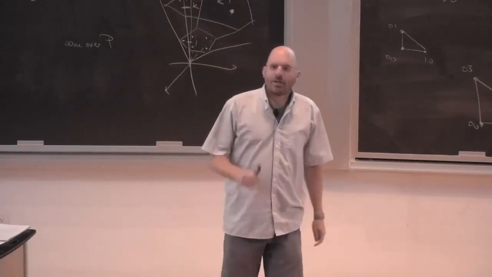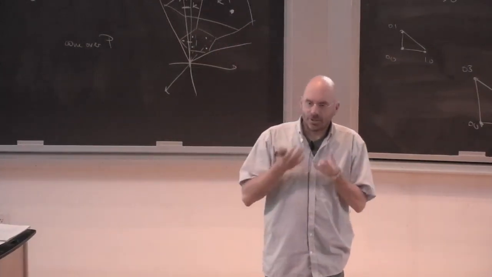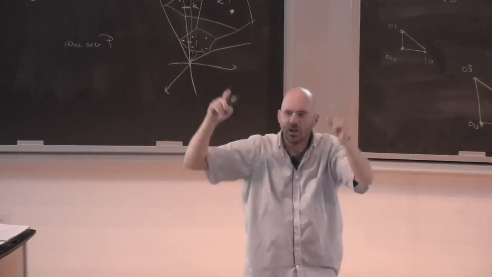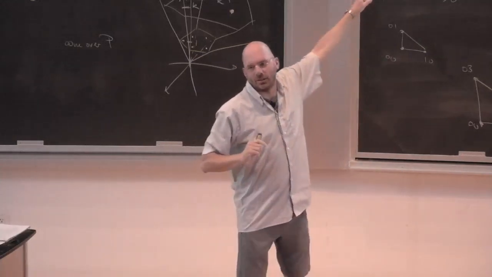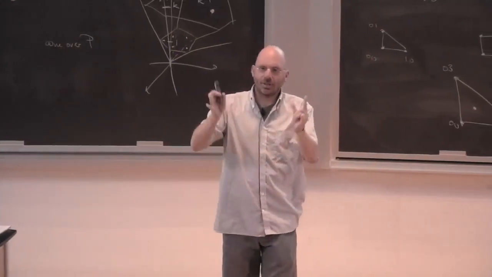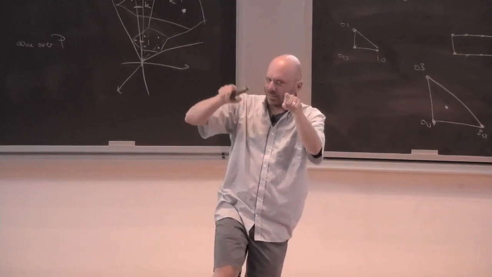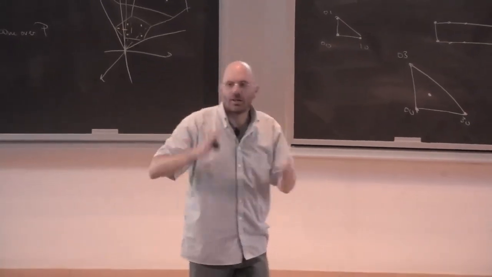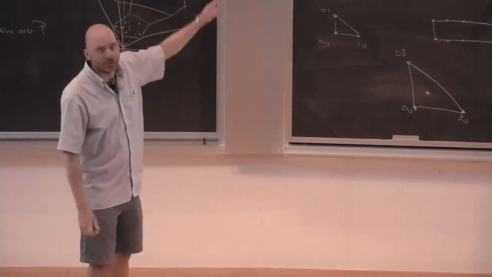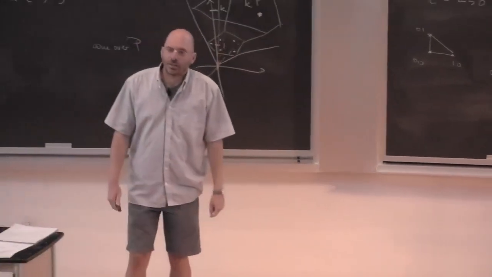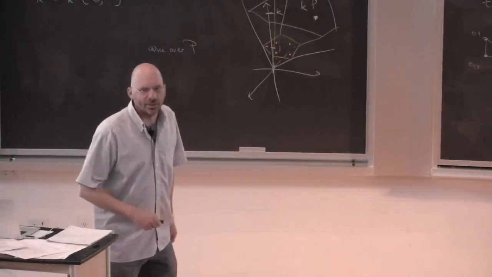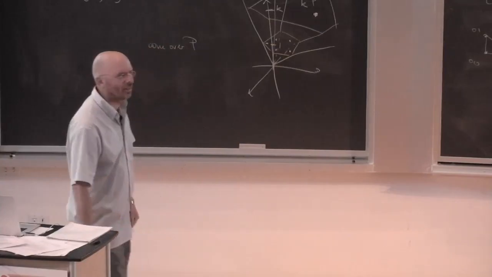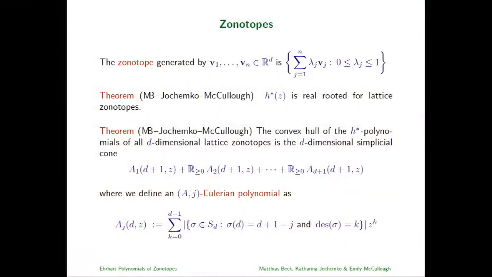But an H star vector always has integer entries, so you see a bunch of integer vectors that form a cone. There's some points missing, and that's why we need to take the convex hull, and I claim you will get this. I don't want to take the conical hull because my apex is not the origin. It's a good question.